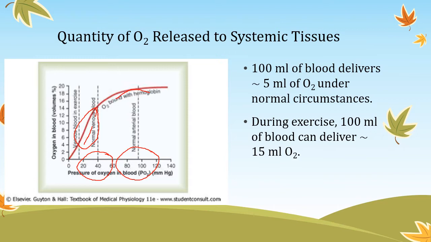Because it's in a state where oxygen is being used up all the time, the level of oxygen is reduced at a high rate, so the partial pressure is much less, and therefore the delivery of oxygen is at a much higher rate. So 100 ml of blood can deliver up to 15 ml of oxygen during exercise, which is triple the amount of oxygen being delivered compared to the normal one, right?